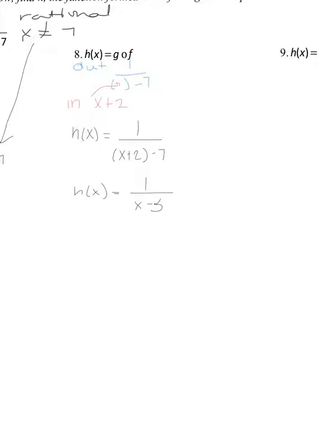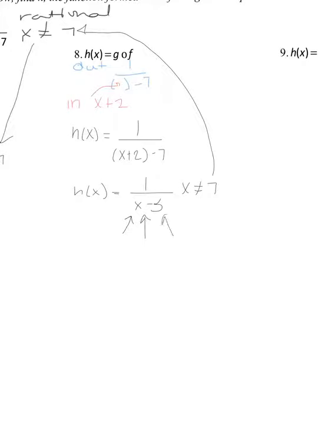But remember, I told you that every problem we do has to reference that domain restriction. So x cannot be 7, and that comes from that domain restriction from the very beginning, right there. Now, in addition, we have a new equation with a new denominator, right?